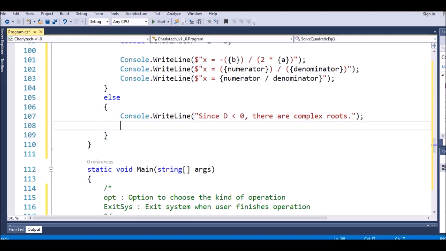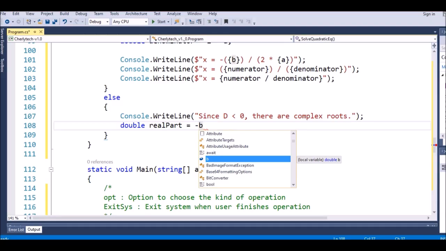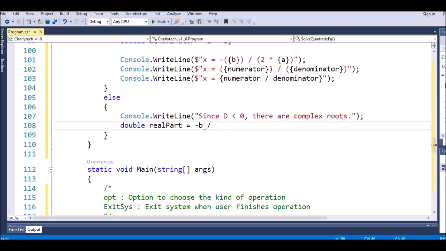So to do that, we say double and we say new real part equal minus b divided by 2 multiply a, like this.